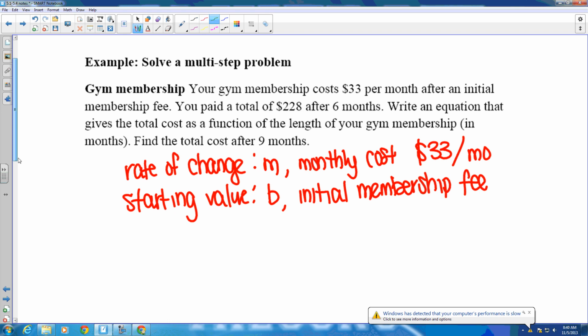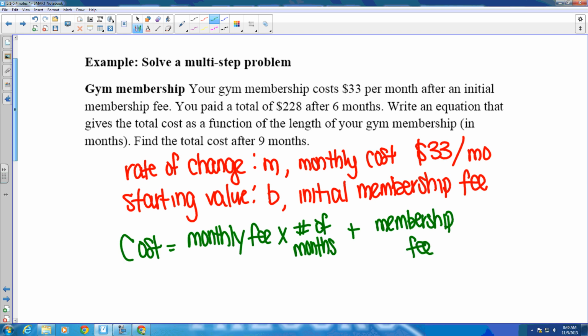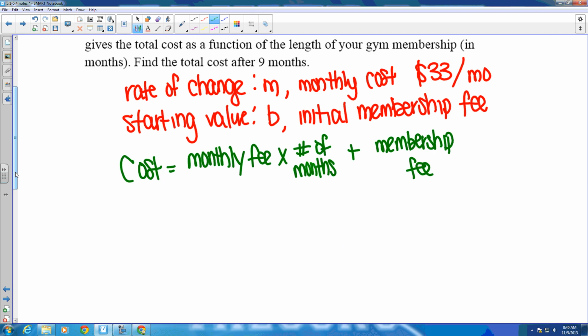So our total cost is however much the monthly fee is times the number of months you're a member plus your membership fee. Okay, so in variables, this is C equals 33t plus b. We haven't figured out what that b is yet, but we do have enough information in the problem to figure out what the b is.